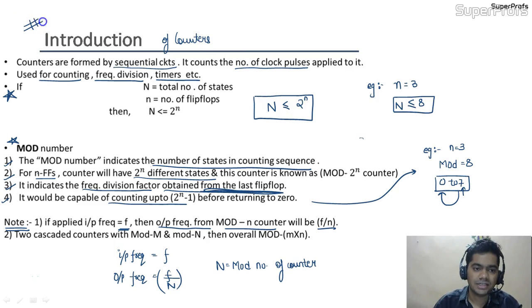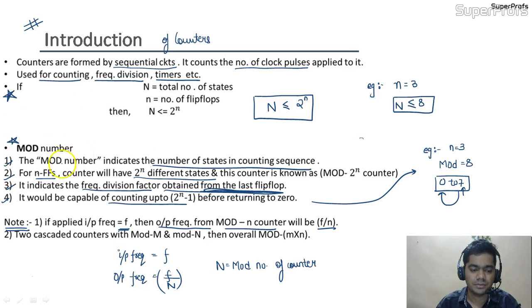So you can write these points. Then we are starting with our classification of counters. So write these points: first is the definition, how it is formed, and the number of states available.